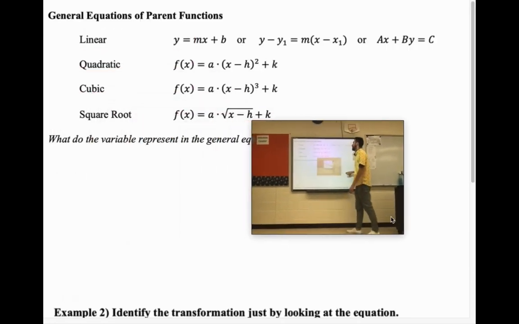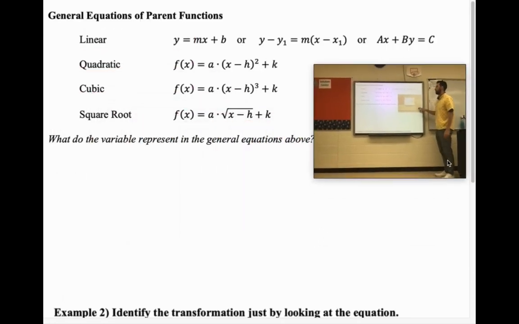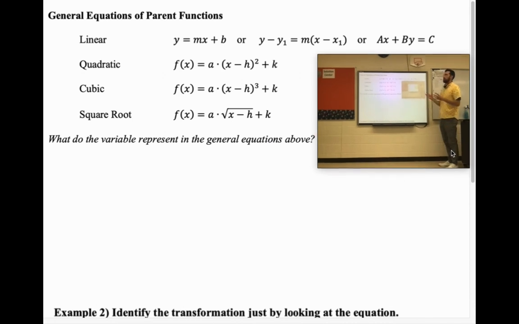Okay, so here is the general formula for the transformations. So linear functions, you have the slope, intercept, point-slope, and standard. Quadratic is when it's squared, cubic is to the third power, and then the square root has a square root. But you'll see some letters here. Like all these have an A in front.